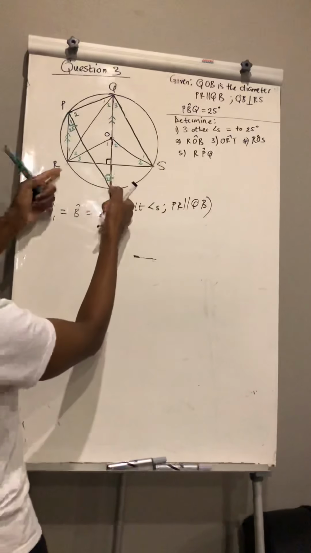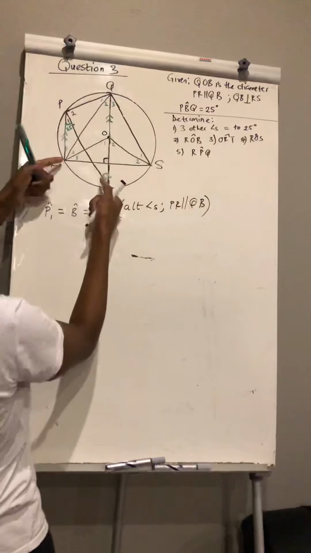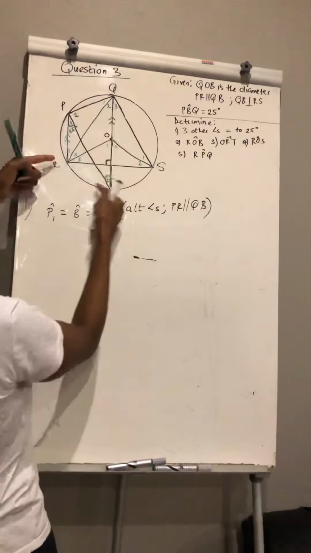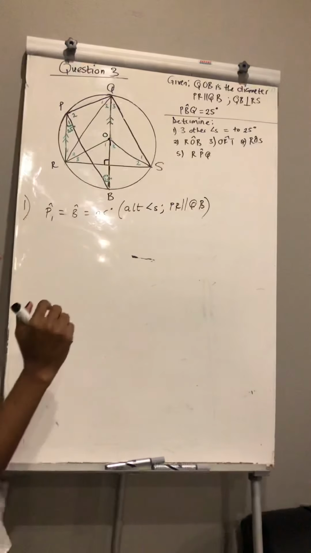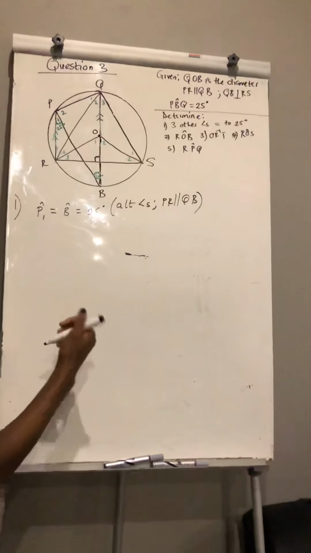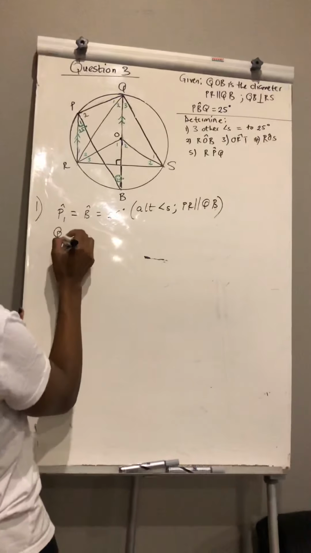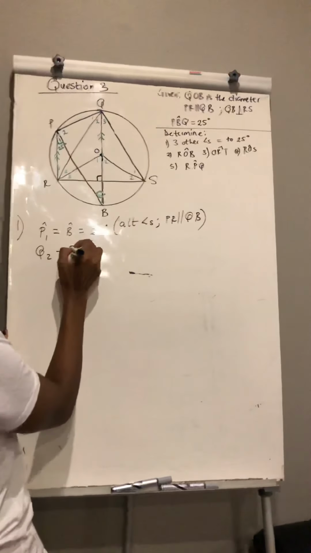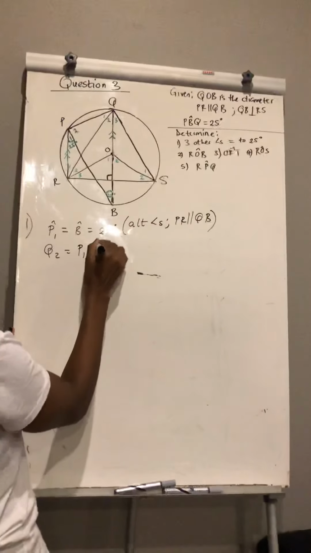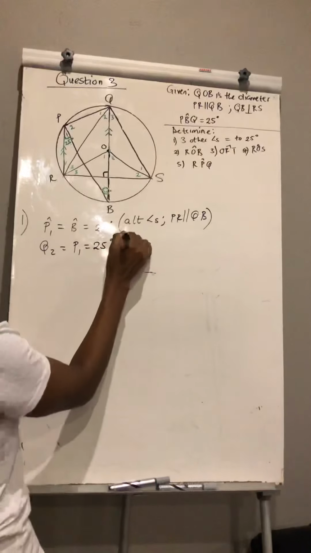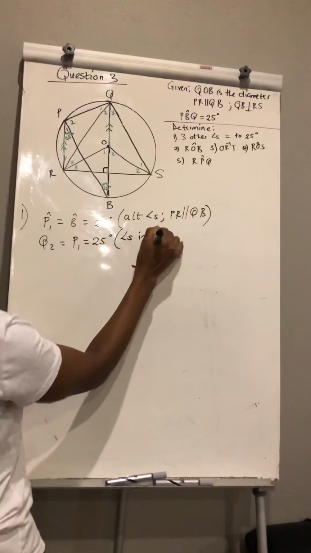So here, this angle and that angle are subtended by arc RB, so they are also equal because they are angles in the same segment. So I'm going to write Q2 is actually equal to P1, which we have already proved to be 25 degrees. These are angles in the same segment.